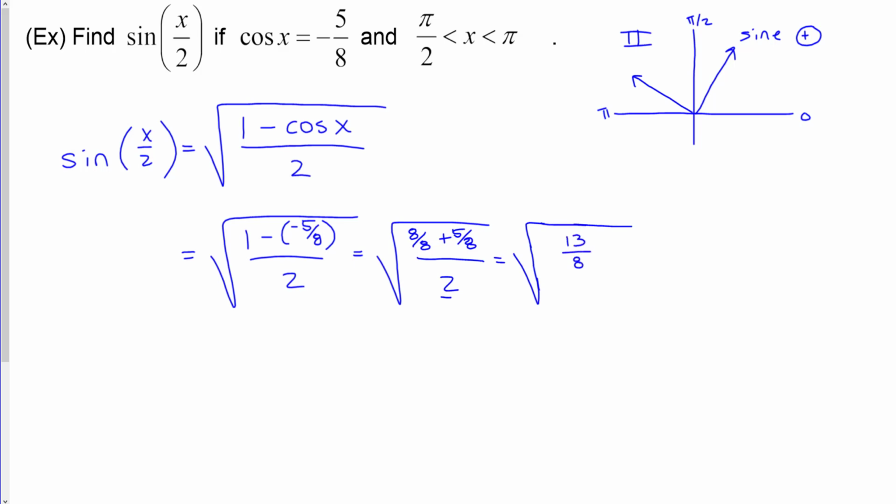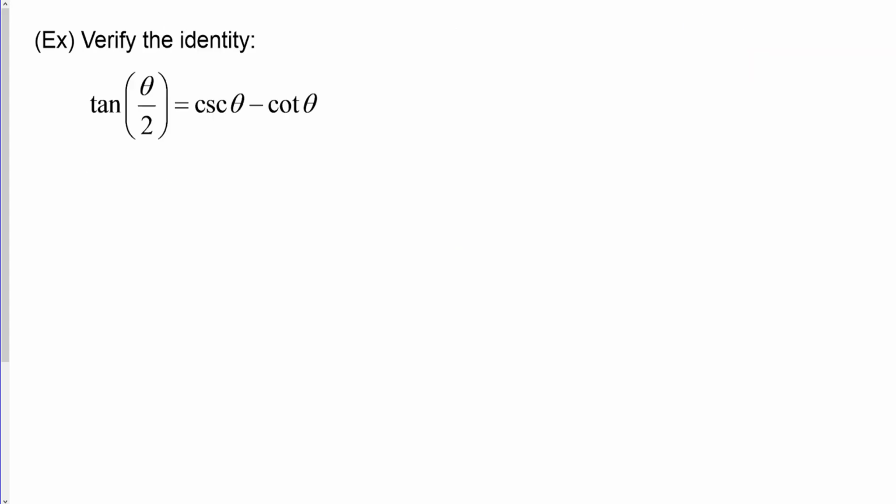The denominator is 2 over 1, so I'm going to multiply by 1/2. So this is going to become the square root of 13 over 16. And since 16 is a perfect square, I'll go ahead and reduce that. So the square root of 13 over 4. And that's my value.